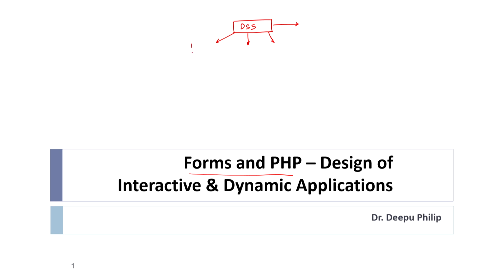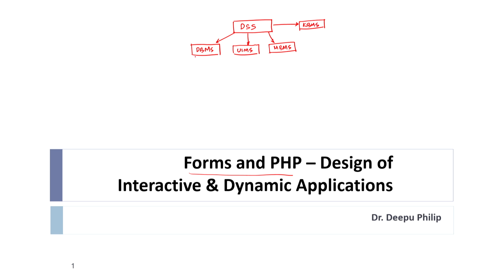Number 1 we had was the DBMS, database management system. So then we had what we call as UIMS, user interface management system. Then we have what we call as MBMS, model based management system. And then we also have what we call as KBMS, knowledge based management system.